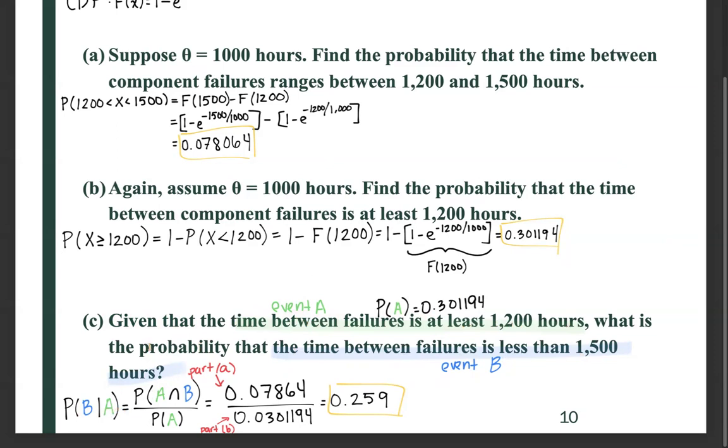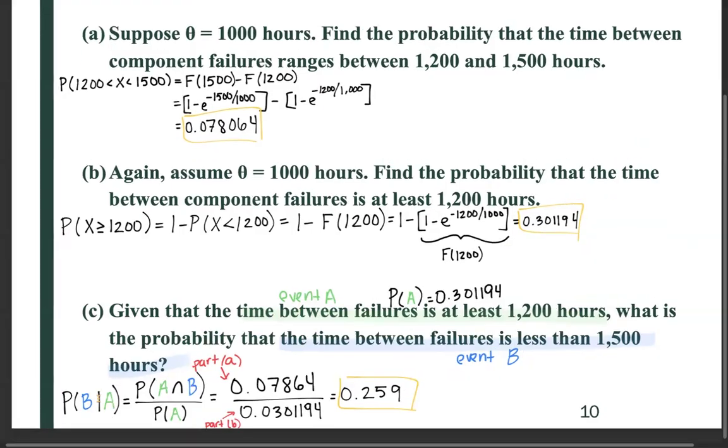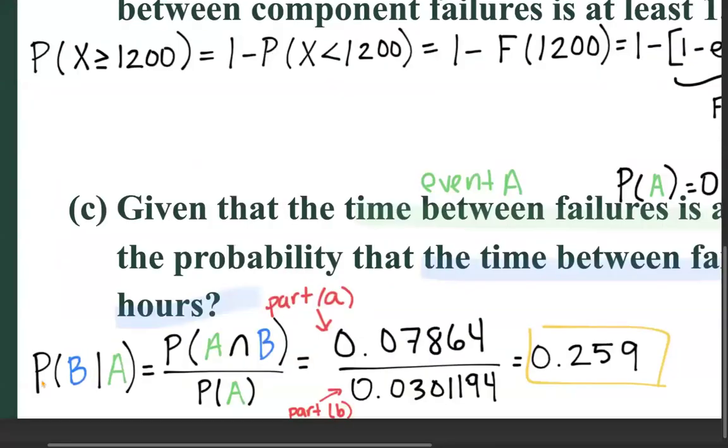So we want to find the probability of B, the time between failures is less than 1,500 hours, given A, which is that the time between failures is at least 1,200 hours. The conditional probability equals the probability of A intersect B divided by the probability of A.